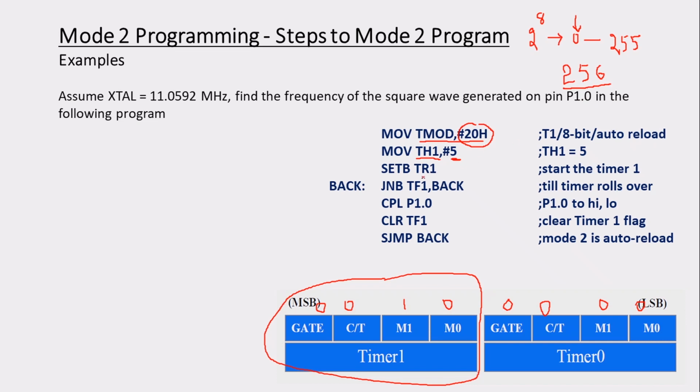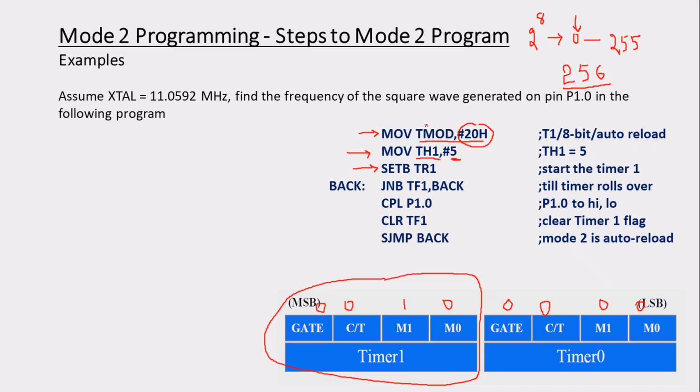Now if you look at it, step 1 they have done is loading the values to the TMOD register, and then load the initial count to my TH1 register. And step 3 is what? Step 3 is start the timer.